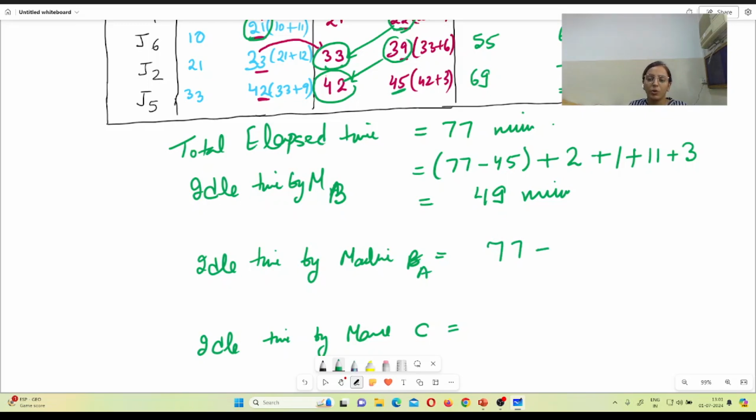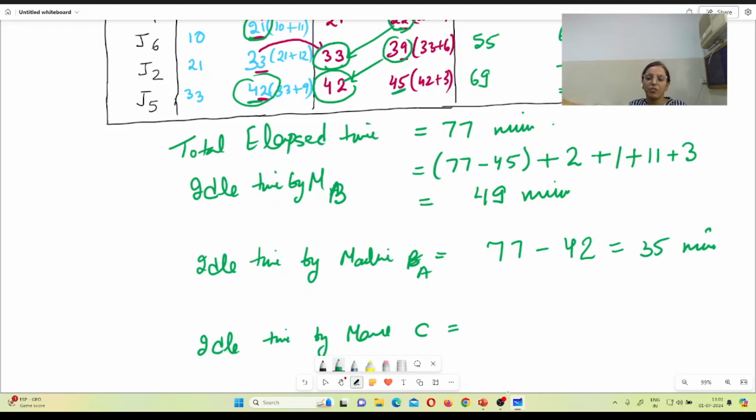And the total elapsed time is 77, and the time taken by machine A is 42. So for machine A it is very easy: the total elapsed time is 77 and the total time taken by machine A is 42. So we will subtract 77 minus 42, that is 35 minutes, right? This is 35 minutes. For machine A it is very easy, but for machine B you have to find it out by each and every job properly.